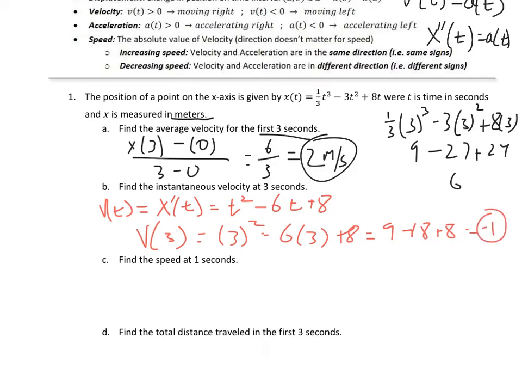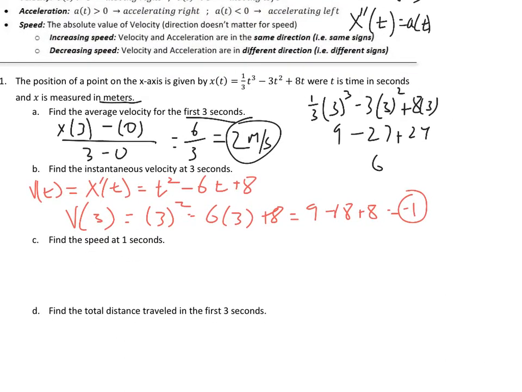So the instantaneous velocity at 3 seconds is negative 1, and we should put some units on that, negative 1 meters per second. That means it's moving left, even though overall, on average, it moved right. So it moved right 2, even though at the moment, at 3 seconds, it's moving left.